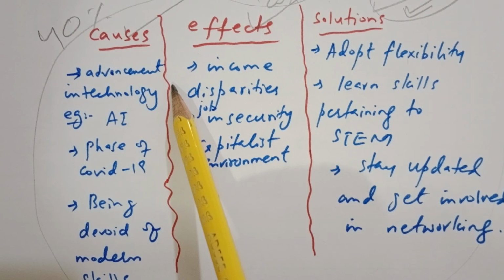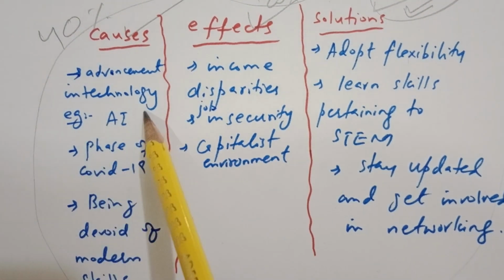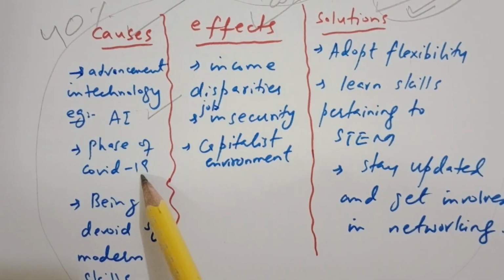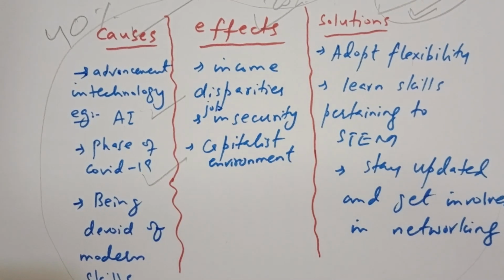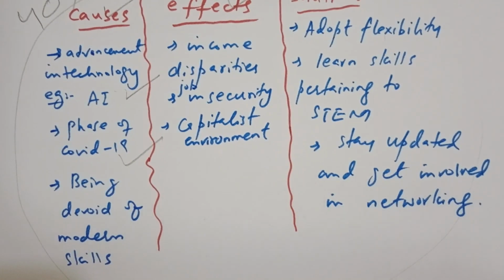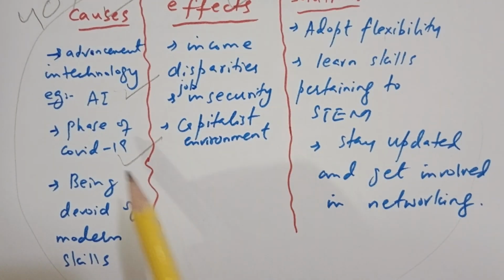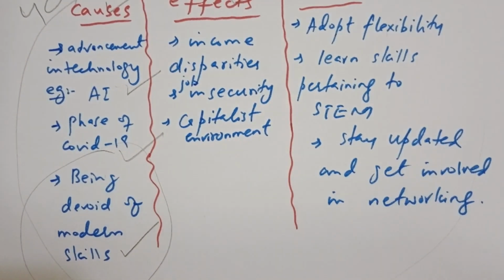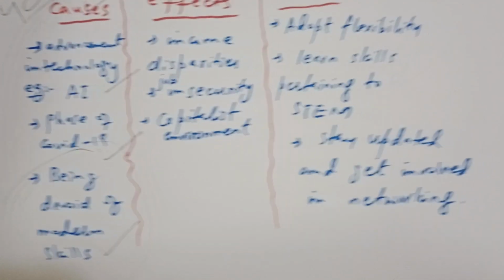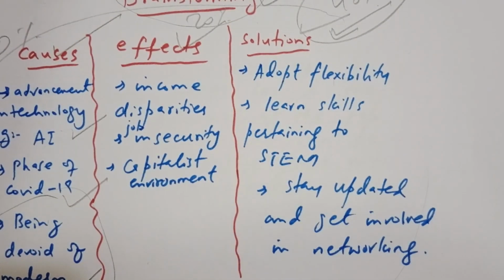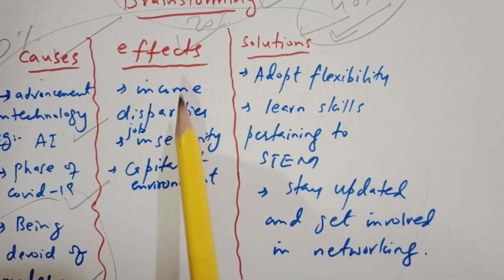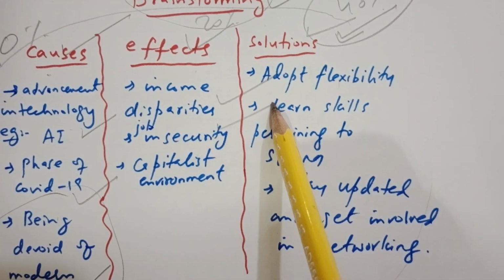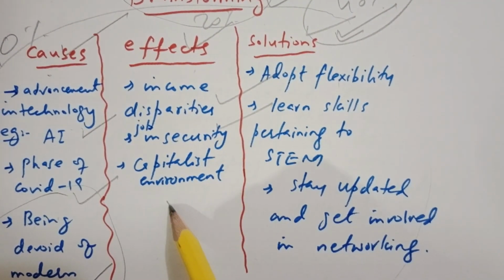These are advancement in technology, for example AI, and the phase of COVID-19. I'll also discuss this. This is the main cause behind the volatile job market. Another is being devoid of modern skills, meaning your personality lacks modern skills. What are the effects that stem from these causes? Income disparities, job insecurity and a capitalist environment.